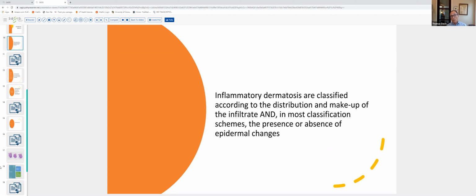So when you're looking at a skin biopsy, what portion of the dermis is involved with the inflammatory cells, and what types of inflammatory cells are we dealing with? Also, in most classification schemes, the presence or absence of epidermal changes is very key as well. This is just how we approach inflammatory skin diseases.